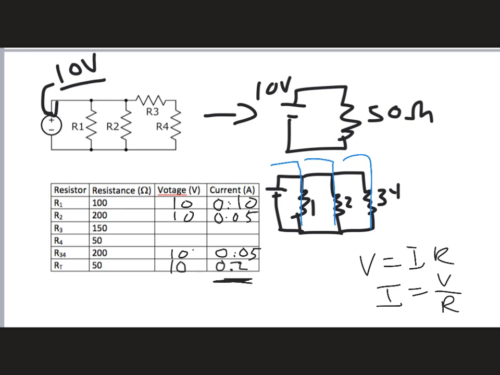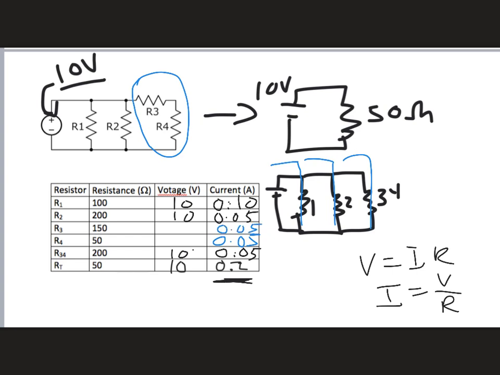Now, finally, we can go back from here to the original circuit. And the change that we make is R34 is uncompressed, and it's connected in series. And we know that for resistors in series, the current is going to be the same. So the current here is going to be 0.05 for each of these.